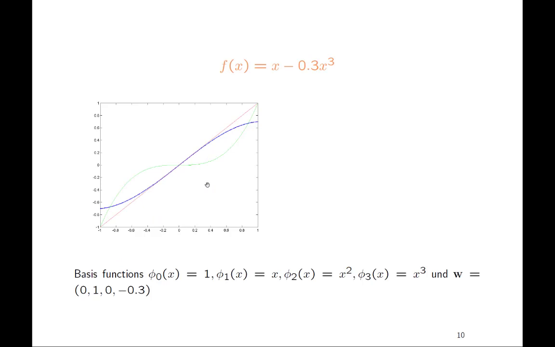And again, by using basis functions, in this case the constant, x, x2, x3, we can approximate this blue function quite well with the appropriate weights. It turns out 2 of the weights are 0, so we only need the constant and the third order term, and then we can nicely fit this function.